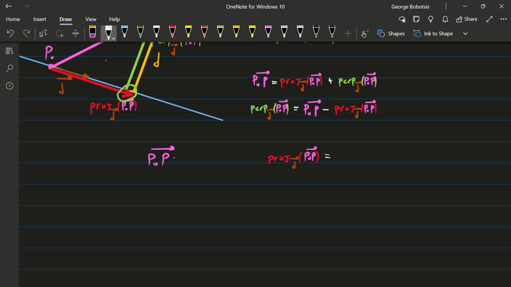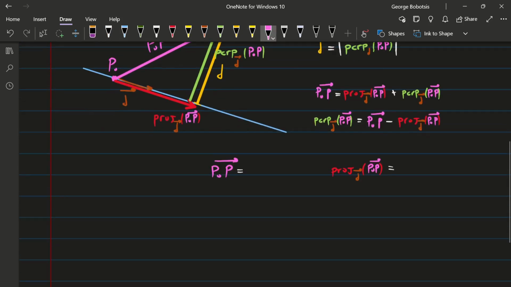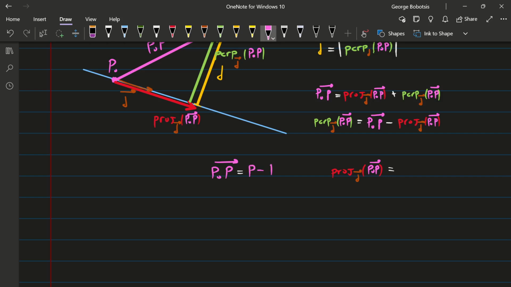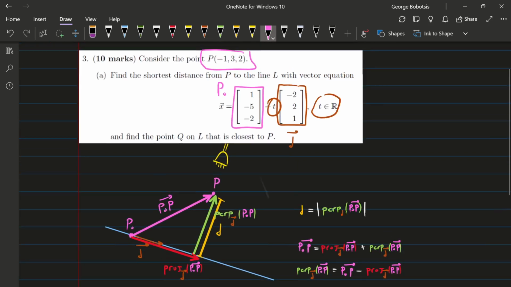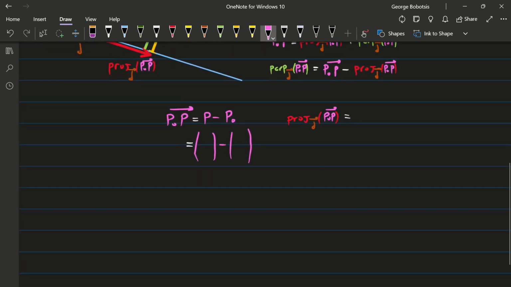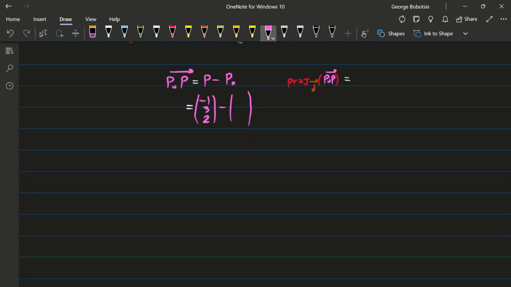Let's start with P naught P. Every time you're trying to find a vector again between 2 points, you do final minus initial. That's all. So P minus P naught. And you know these points. The given point for you has been given, and the P naught, we've identified it on the line. So that's P, 1, negative 1, 3, and 2. And P naught, which is 1, negative 5, and negative 2.